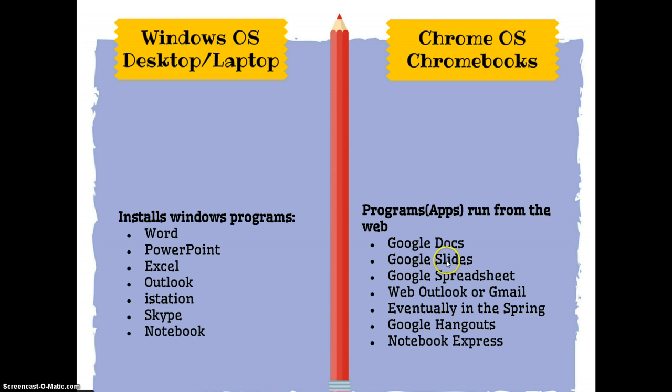We have Slides, which is like PowerPoint, and Sheets is like Excel. Then if you want to check your email, you would use the Web Outlook or Webmail or Gmail. iStation, eventually we'll be able to use that hopefully in the spring. Instead of Skype, you may use Google Hangouts. And then Notebook, you can view Notebook files through Notebook Express.